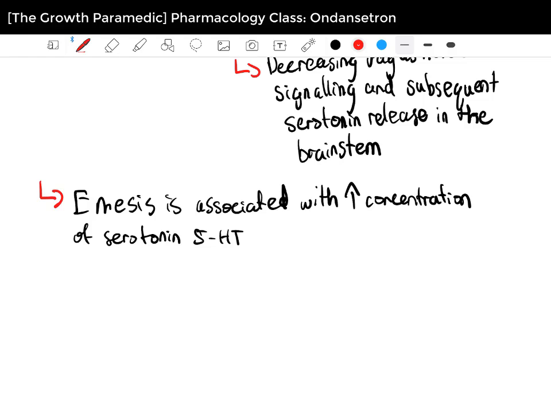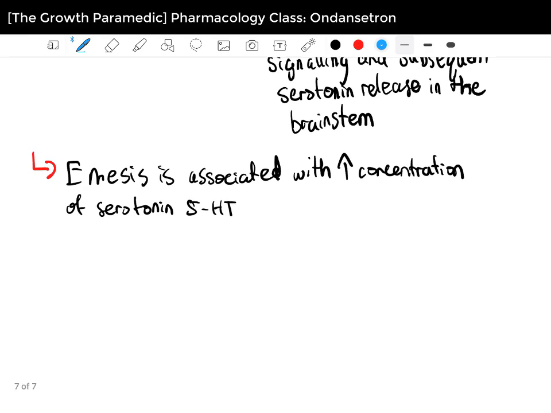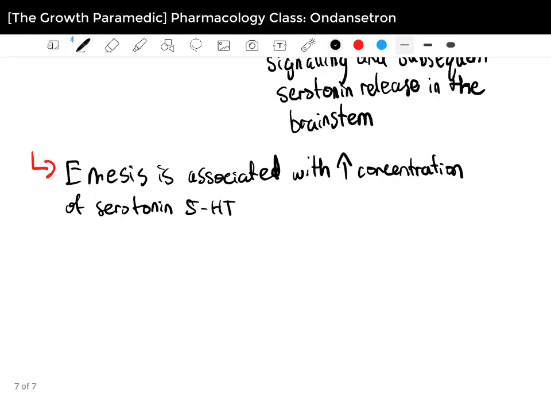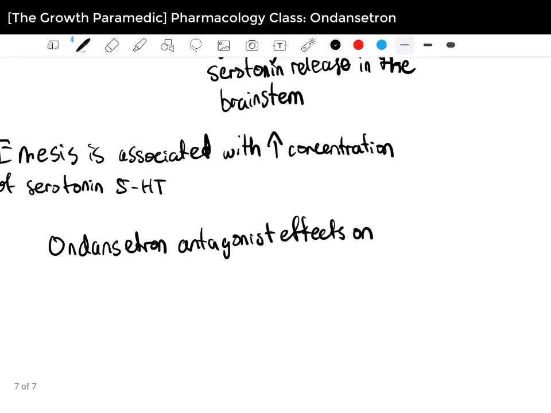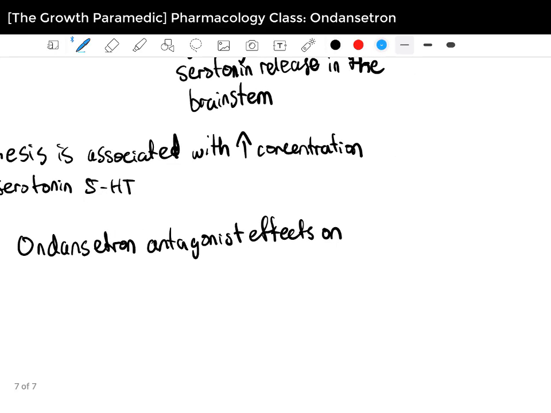So let's actually have that in a separate point. Ondansetron antagonist effects on 5-HT3 receptors.